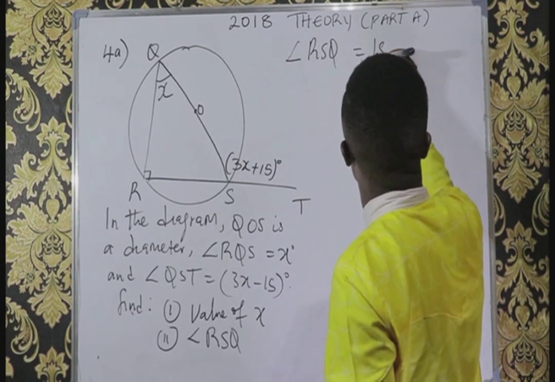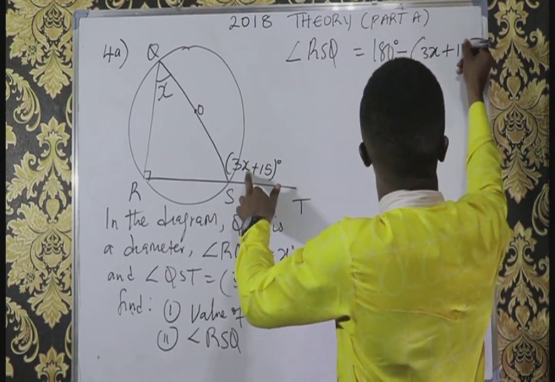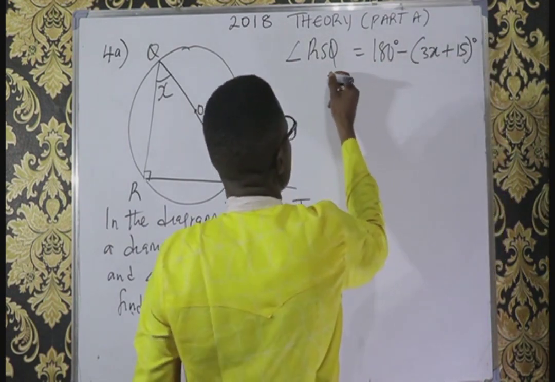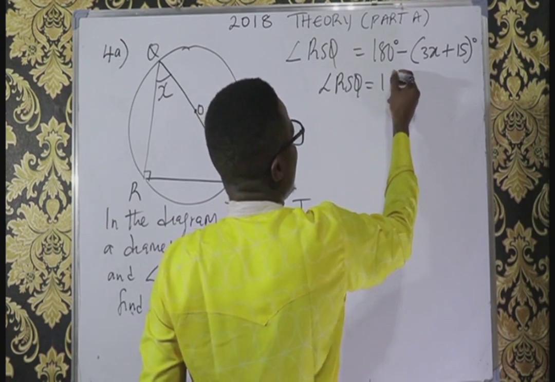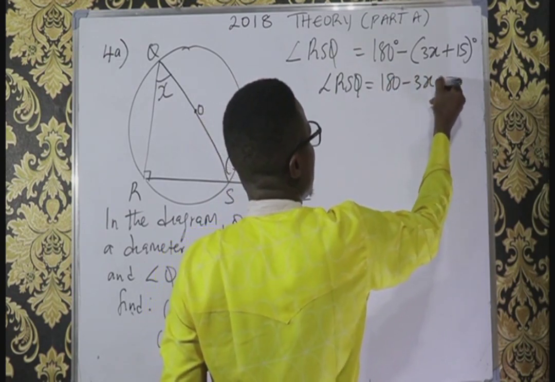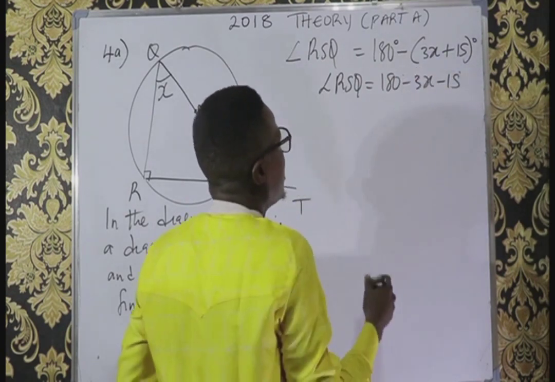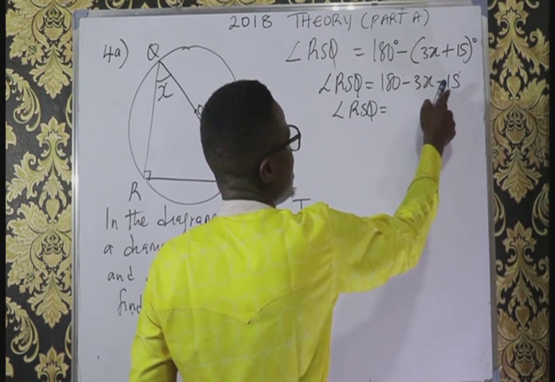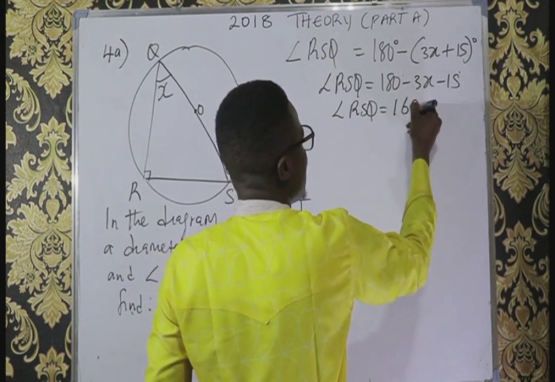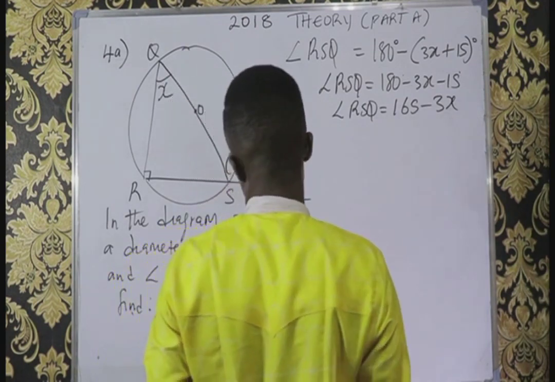So it will give me 180 degrees minus (3x plus 15) degrees. So angle RSQ will be 180 minus 3x minus 15. This negative sign is going into all of them. So angle RSQ will be 180 minus 15 is 165, then minus 3x. That is the value of that angle.